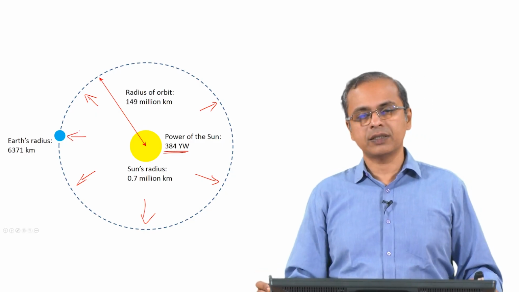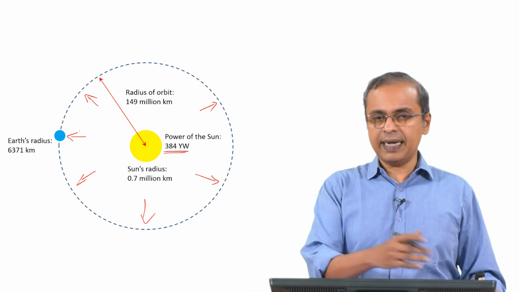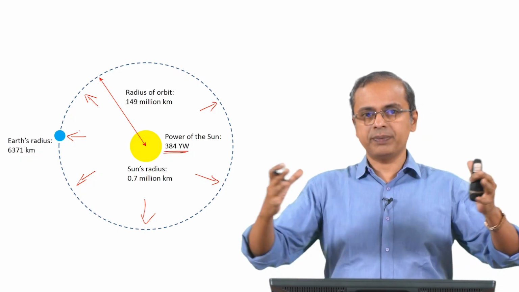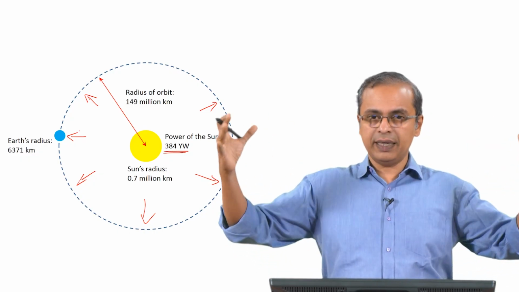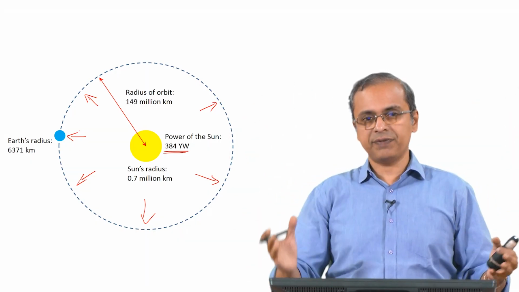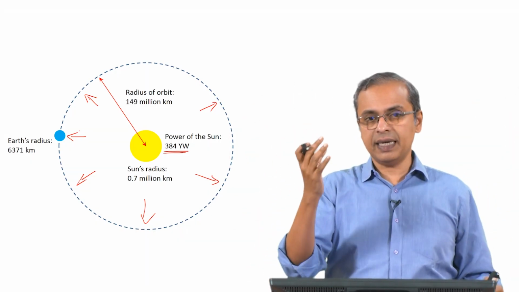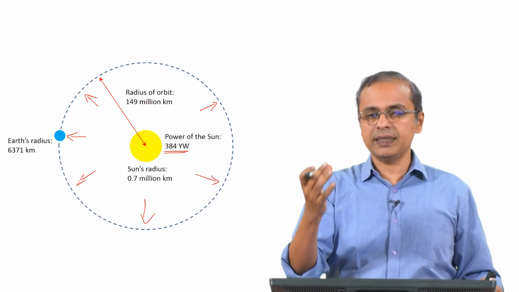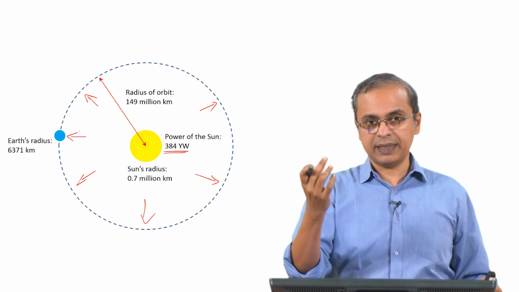So, that is basically what we saw, and we ran the calculation of how, as it goes away from the sun, because it is getting distributed over a larger and larger surface area, the intensity, that is the energy per unit area, or the power per unit area, is decreasing.